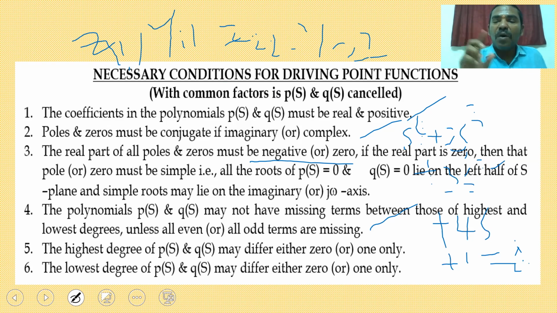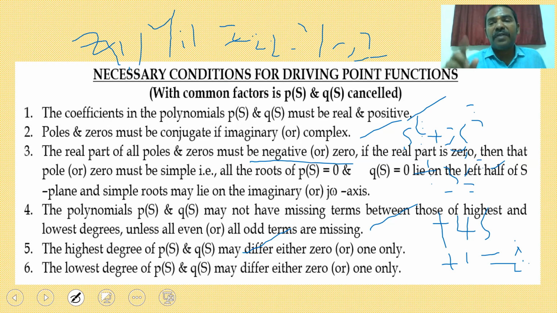But if all even terms are missing or all odd terms are missing, that is also acceptable as a necessary condition for your driving point functions. At the same time, the highest degrees of P of s and Q of s may differ by 0 or 1. For example, numerator s power 5 and denominator s power 5, it is differing by 0.